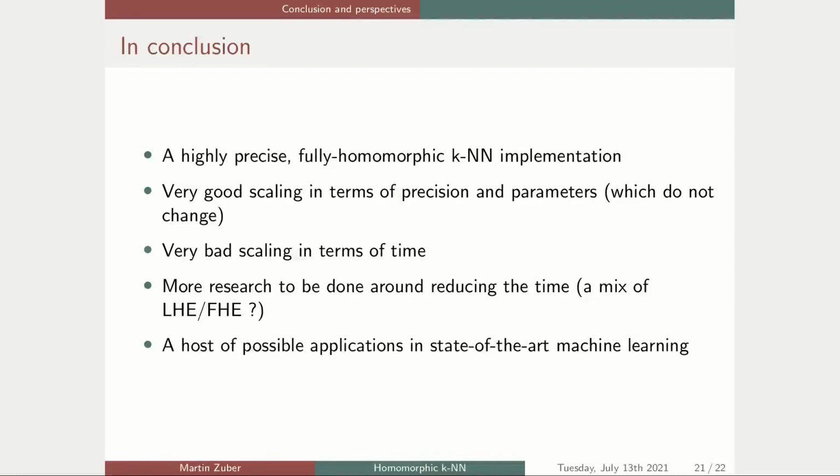Now, I think there's a lot of perspective in order to improve maybe this scheme depending on the constraints in the use case, and mixing some sort of leveled scheme with our fully homomorphic scheme in order to boost the time performance but keep the precision of our scheme. And what's important here is that this very basic machine learning algorithm has really a host of applications in state-of-the-art modern machine learning.